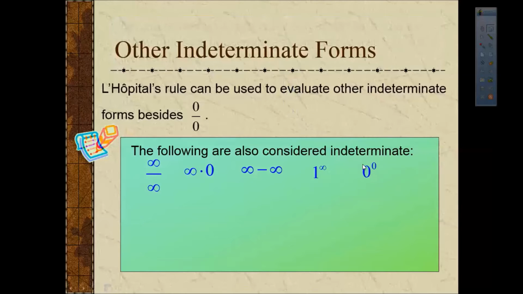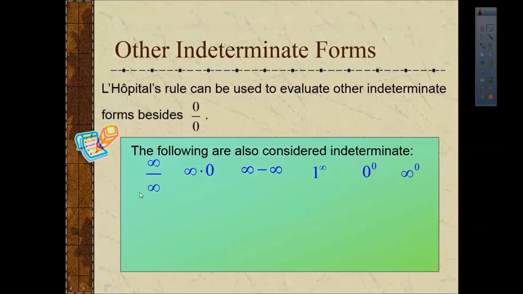So a function whose limit is 0 to another function whose limit is 0. And another form is infinity to the 0 power. So if the base function goes toward infinity and the exponent function goes toward 0, that's called an indeterminate form.